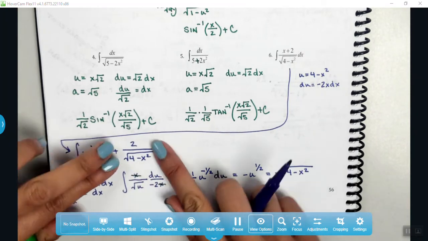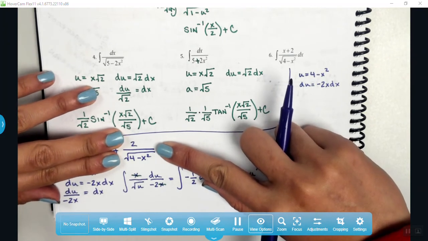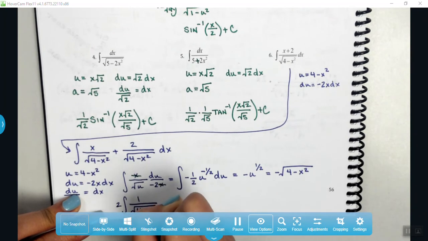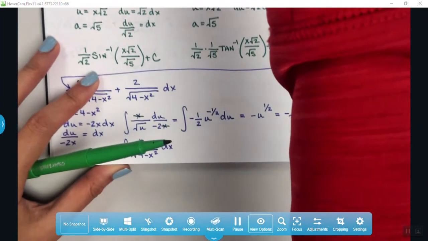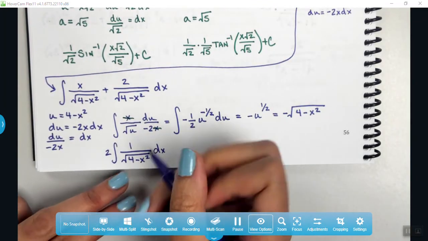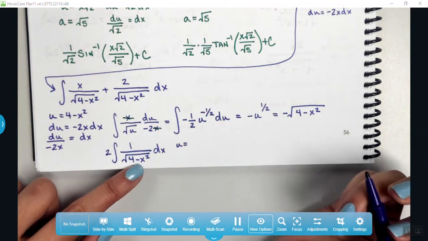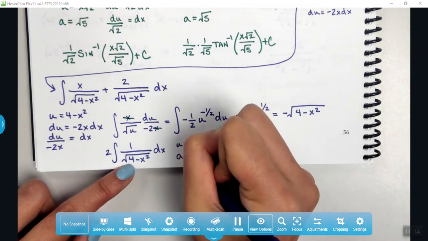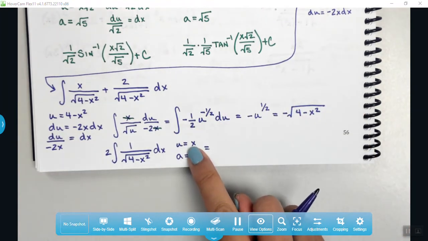This one is an arc sine problem. We'll leave the 2 out, so the integral of 2, 1 over square root 4 minus x squared dx. And then, what's my u? Just x. What's my a? 2. So if u is just x, I don't have to do u sub.